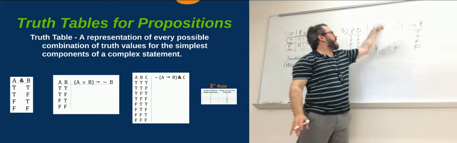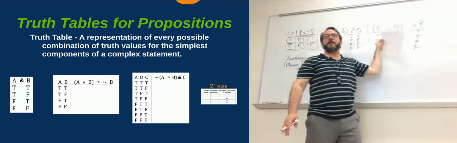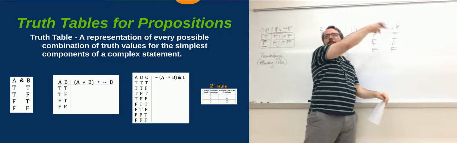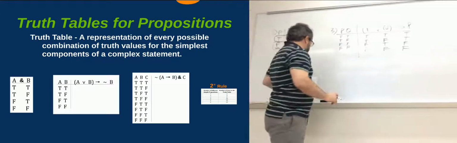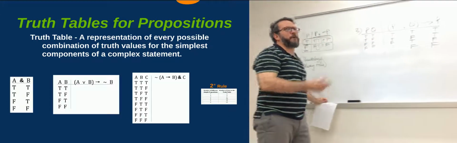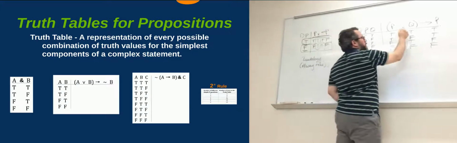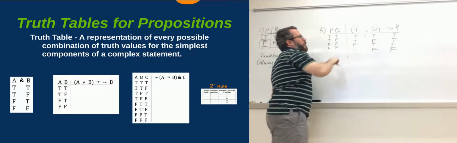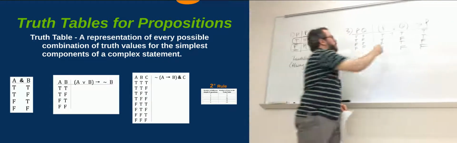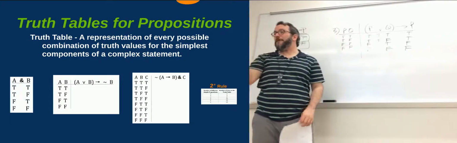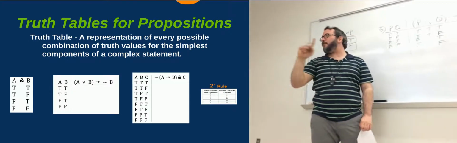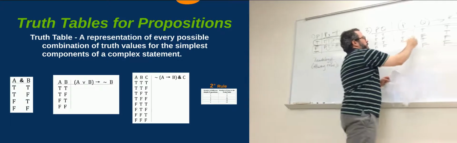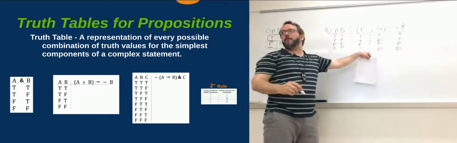Yeah, because that's going to give me my antecedent, and only then will I know whether the if-then statement is going to be true. So P or Q, when they're both true, it's true. When only one of them is true, it's still true. Or says at least one of them has to be true. In this one, at least one of them is true. In this one, neither one of them is true.